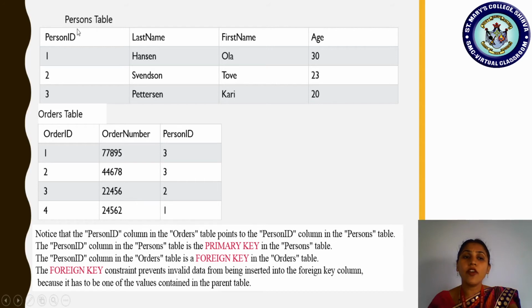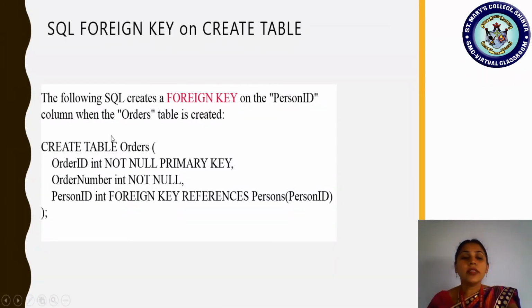The primary key of the person table. So whatever definition you put in the foreign key in the order table, the definition should match which one? The primary key of which table? Person table. Okay, so in the person table, the person ID is defined as integer data type. So here also the person ID which we are choosing as a foreign key, here we have mentioned int, or else you can use number.